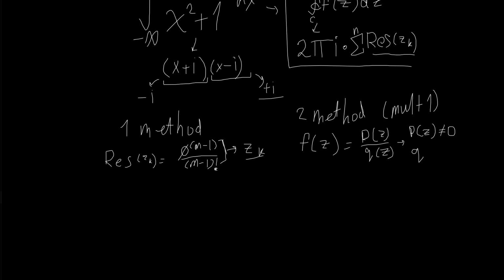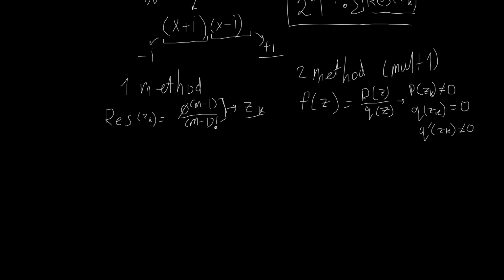Remember this had zk, the specific pole you're solving for. If q of zk is equal to 0 at that specific pole, but q prime of zk is not equal to 0, then the residue in method 2 will just be equal to p of z over q prime of z.